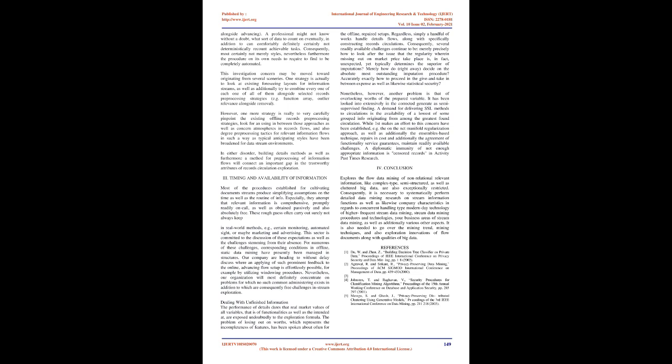However, another strategy is to carefully identify the existing offline data pre-processing strategies, look for connections between those approaches and problem settings in data streams, and extend pre-processing strategies for data streams in such a way as typical predictive models have been extended for data stream environments. In either case, building specific methods and a method for pre-processing of data streams will close an important gap in the reliable attributes of data stream mining.